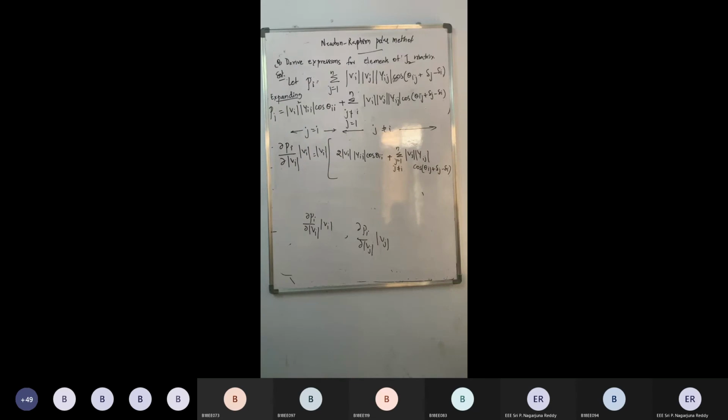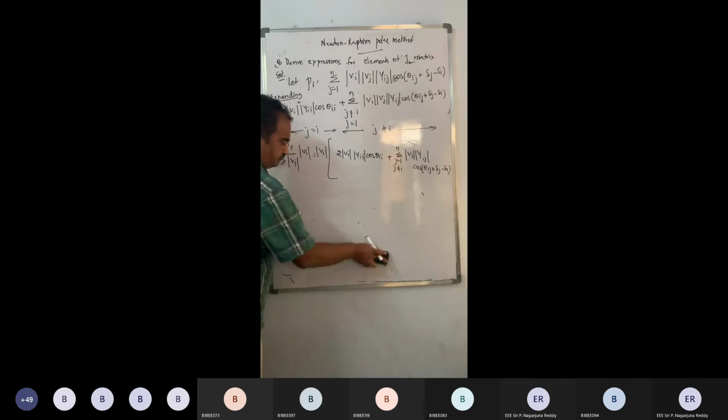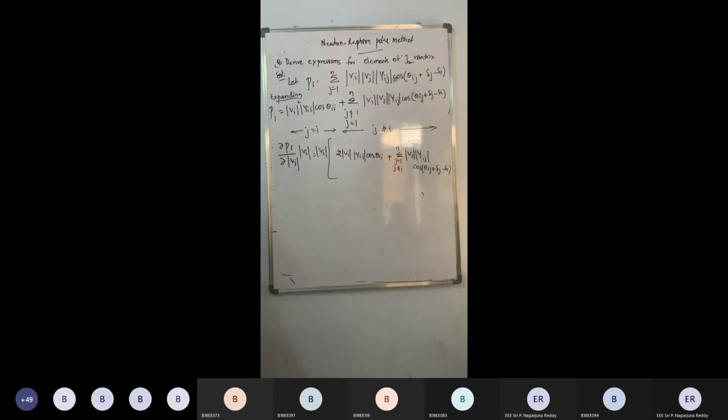Is it okay, guys? Now I'm multiplying it with Vi. So what will I be getting? 2 mod Vi square.